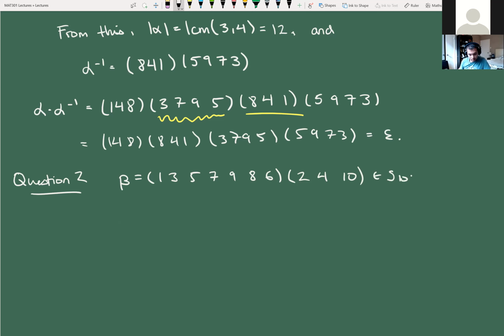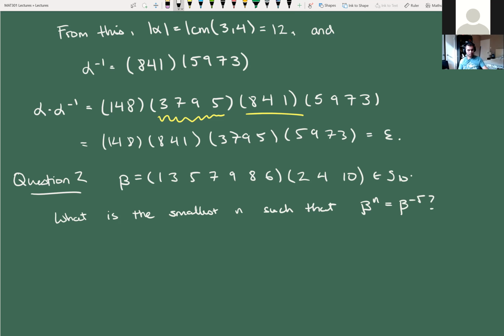What is the smallest n such that beta to the n is beta to the -5?